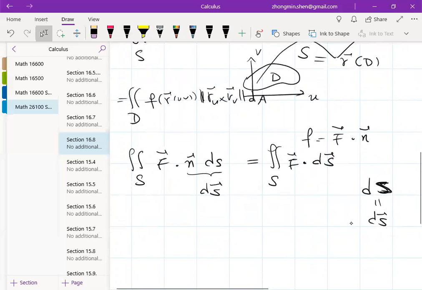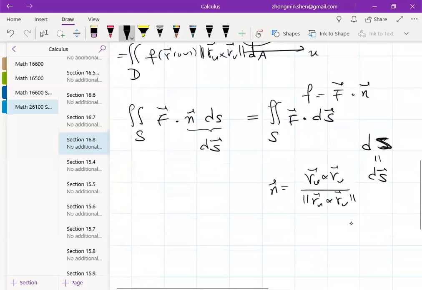So when you want to evaluate this, we know how to find the normal vector. The normal vector is going to be the cross product, then you normalize it. So when you plug into the formula, this can be evaluated.